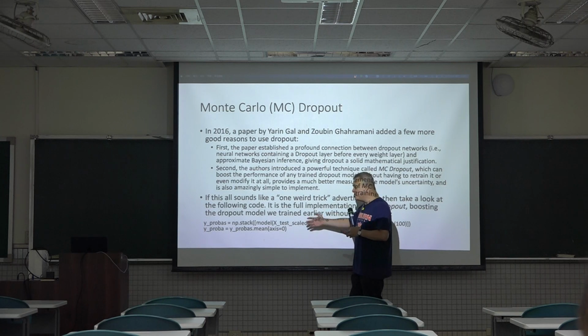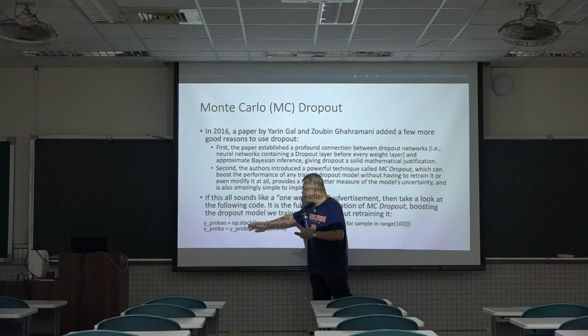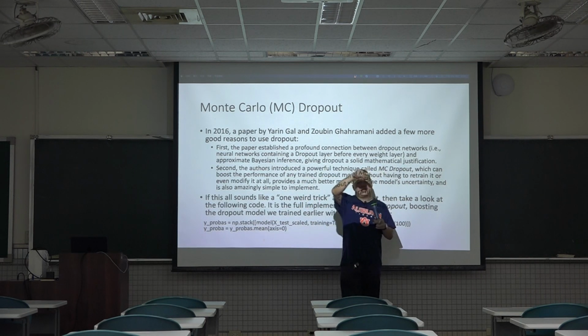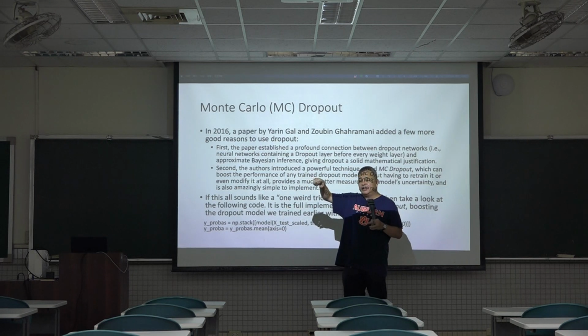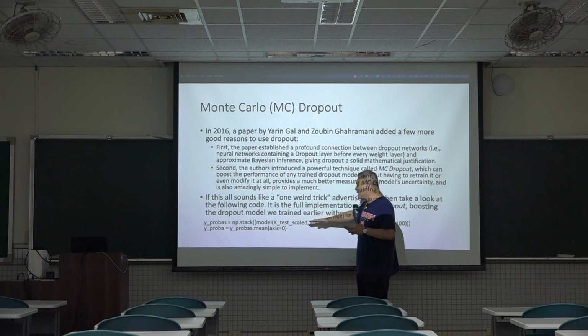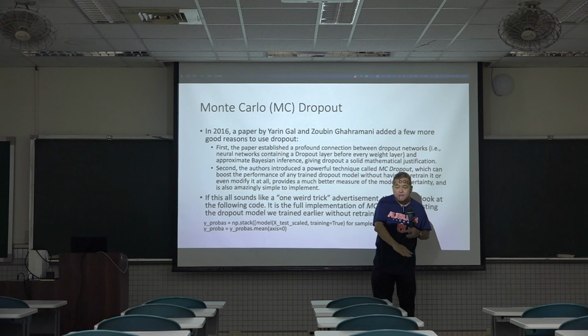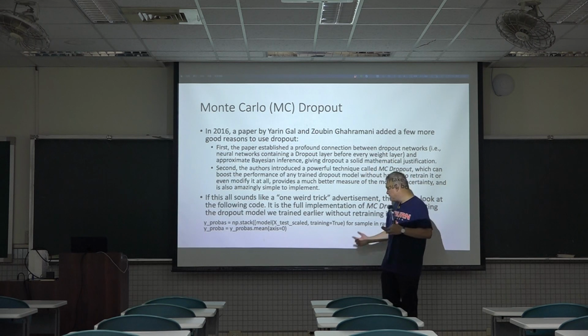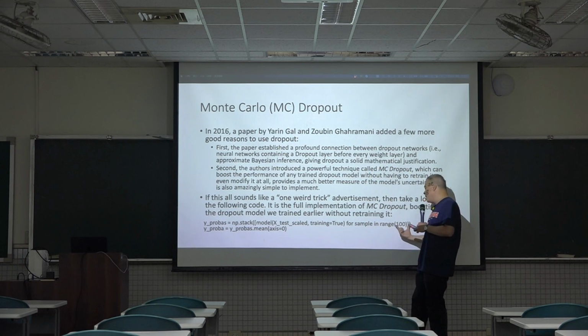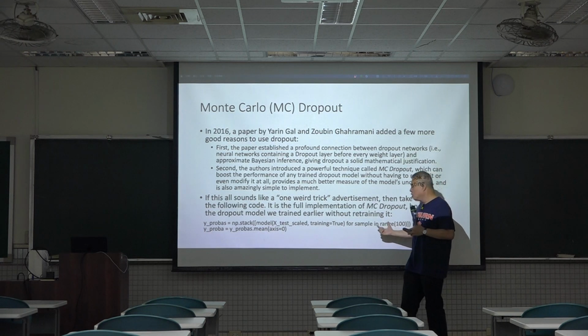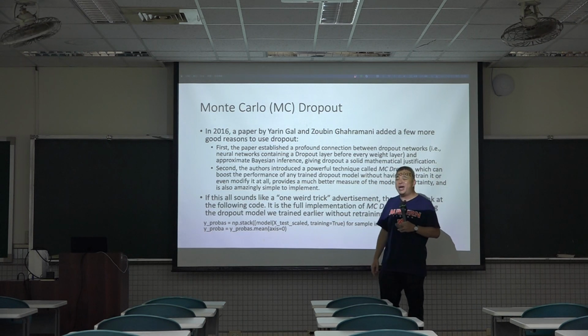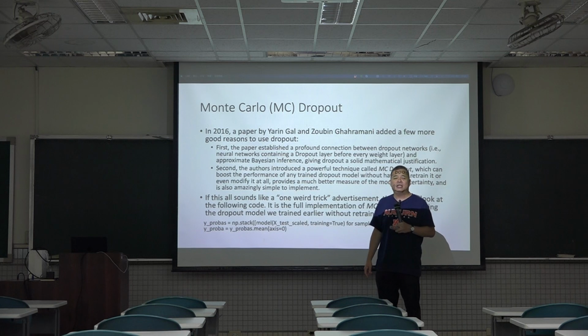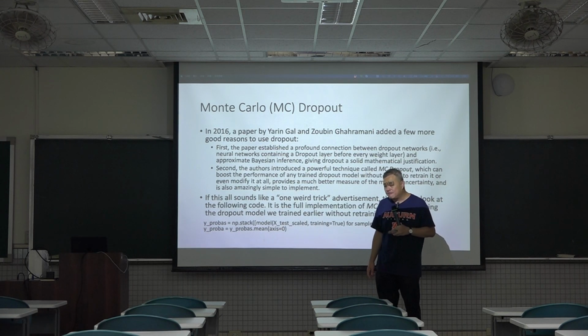For every inference, we get the probability for each class, and then we stack up the whole thing. In range 100, that means we do this for every instance 100 times.